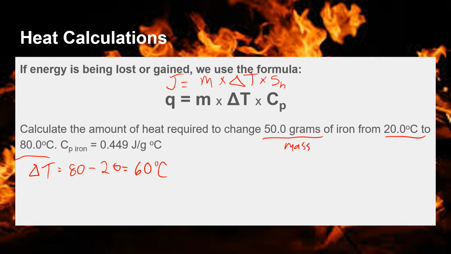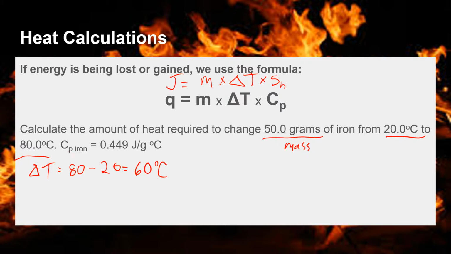If I ever ask you about Q being positive or negative, you were pretty good about understanding that if it gets taken away, it's negative, and if it gets added, it's positive. So I would just do these equations using a positive number all the time. And then if I ever ask you to assign a value of negative or positive to the joules, you can figure it out at that point.